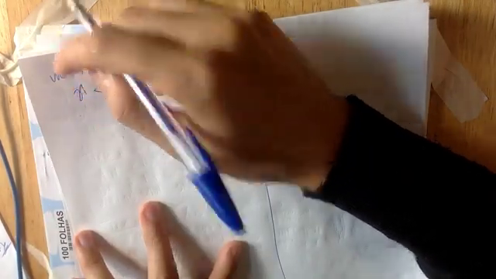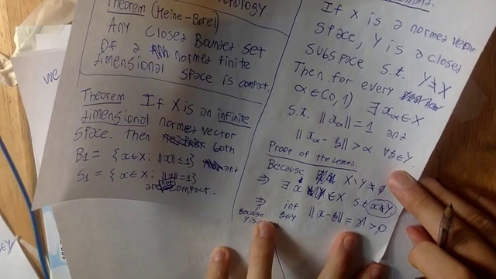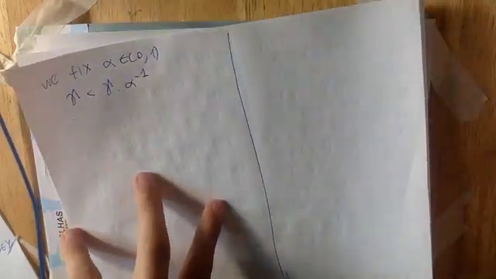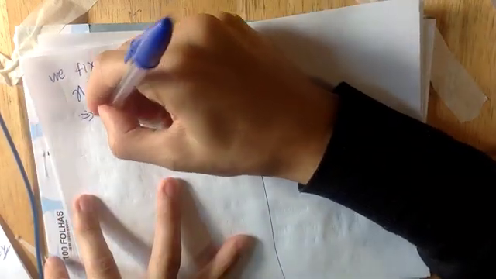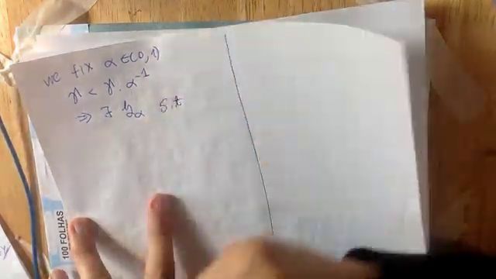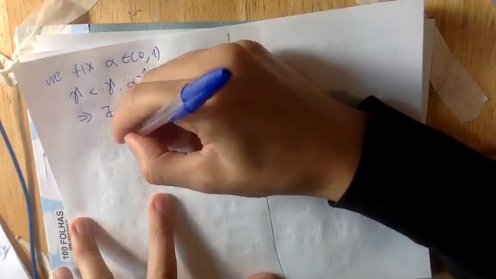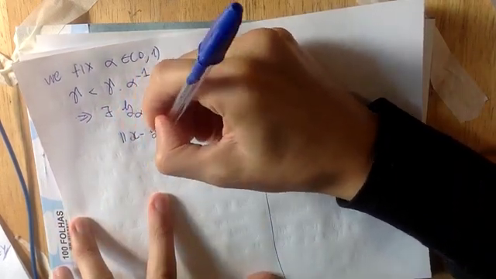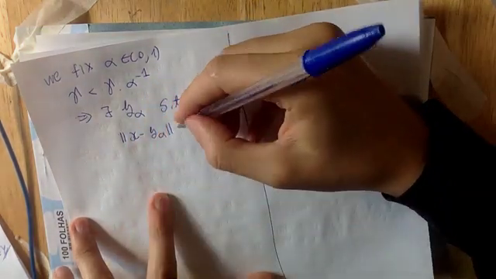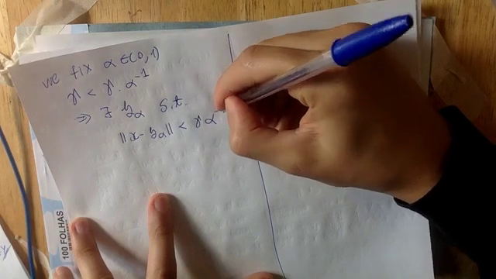This implies, okay, so because gamma is the infimum of the norm of x minus y, then there exists, and let's call this y alpha, such that the norm of x minus y alpha is going to be less than gamma times alpha to the minus 1.